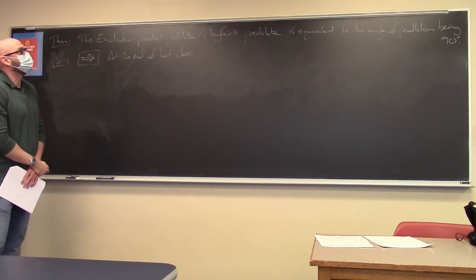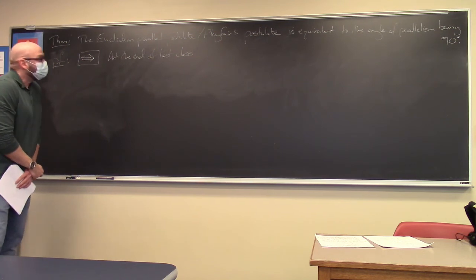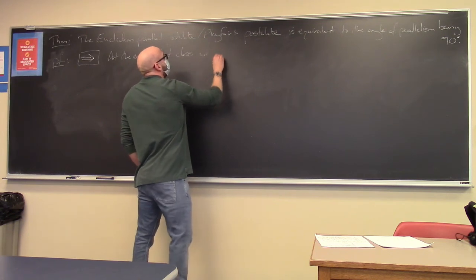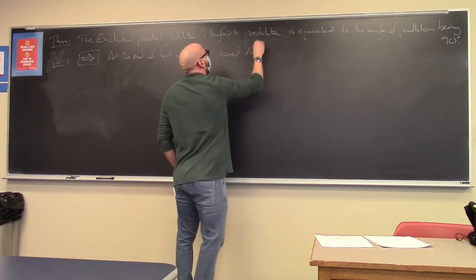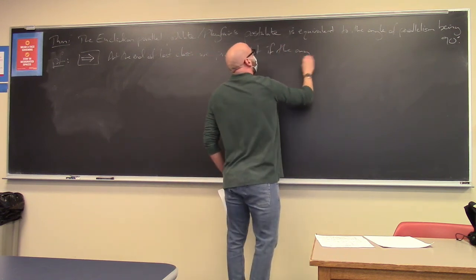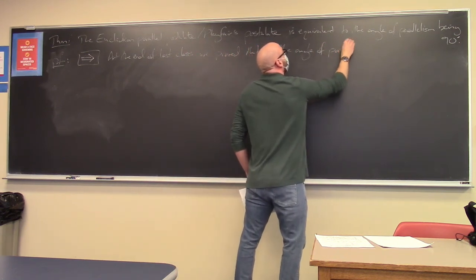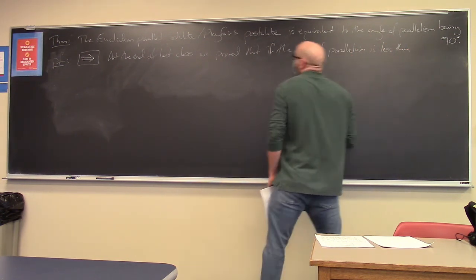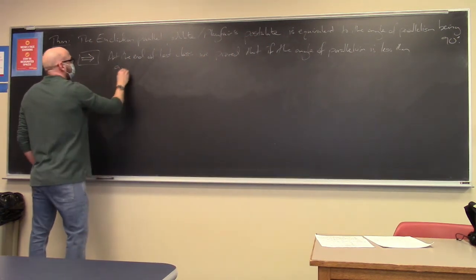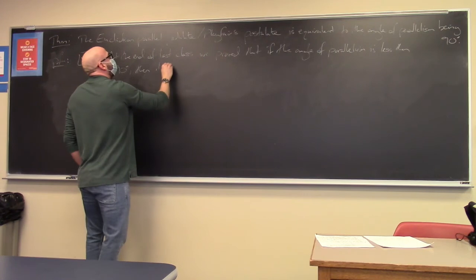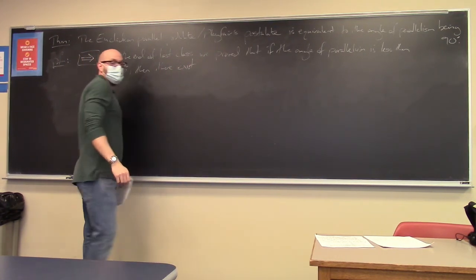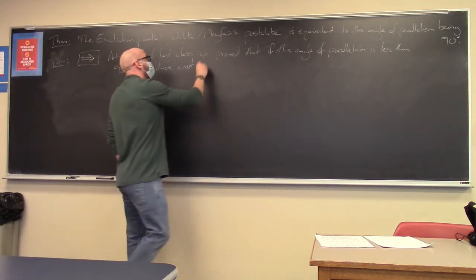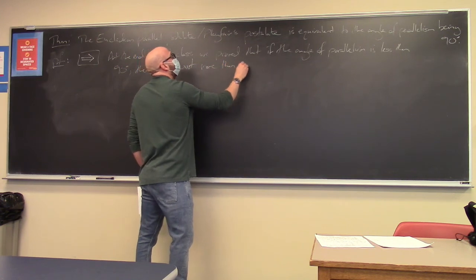At the end of last class, we proved that if the angle of parallelism is less than 90, then there exists more than one.